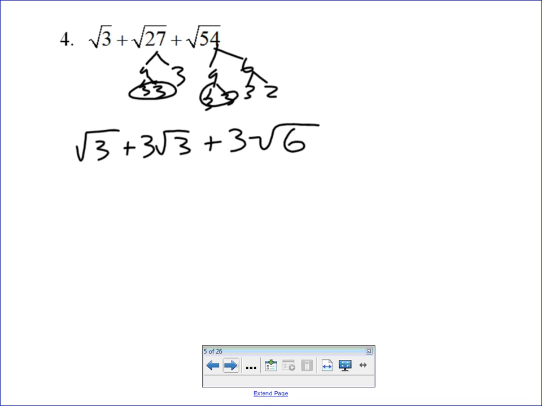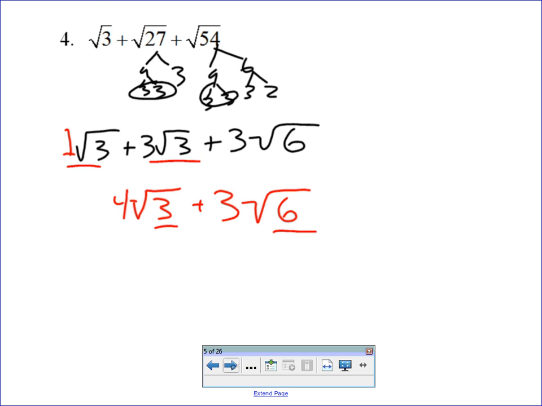And here's where like radicals comes in. These are like radicals, so 1 times the square root of 3 plus 3 times the square root of 3 is 4 times the square root of 3 plus 3 times the square root of 6. And that's our final answer. We cannot add the square root of 3 to the square root of 6.